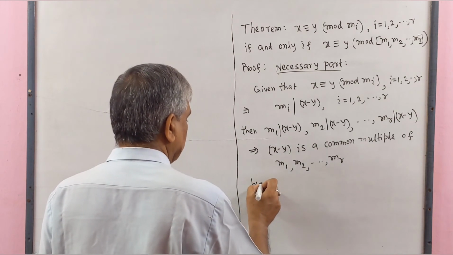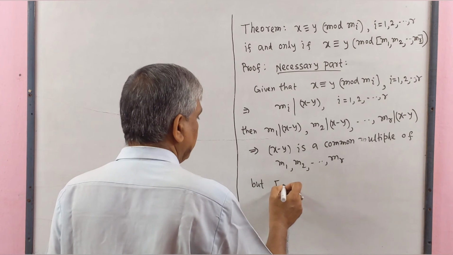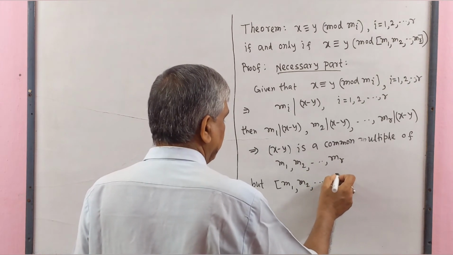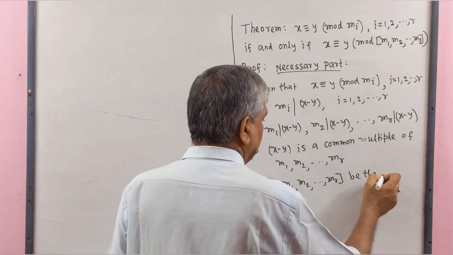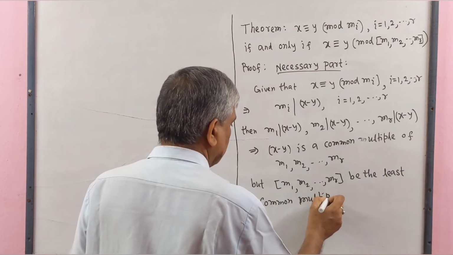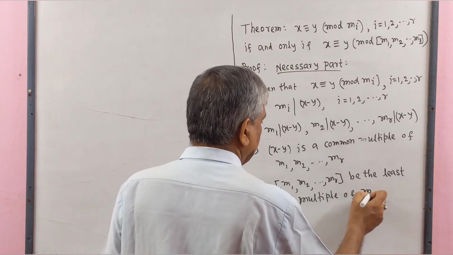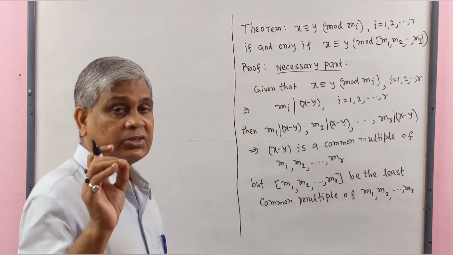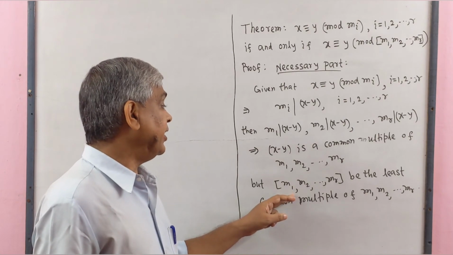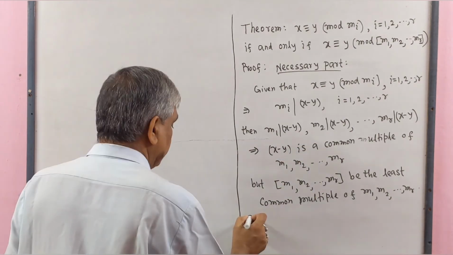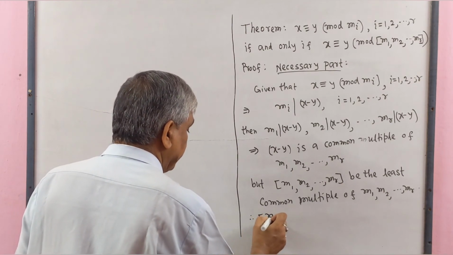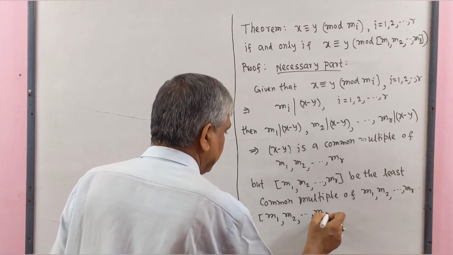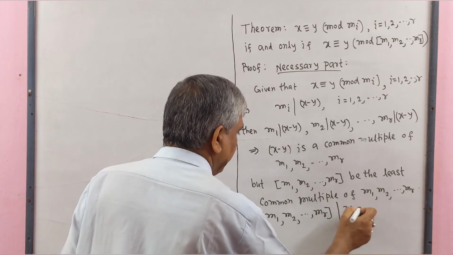But LCM of m1, m2, ..., mr is the least common multiple of m1, m2, ..., mr. Since least common multiple divides the common multiple, therefore least common multiple of m1, m2, ..., mr divides x minus y.